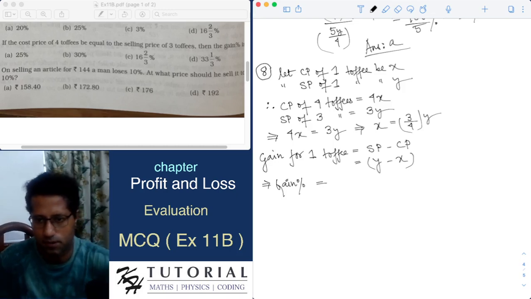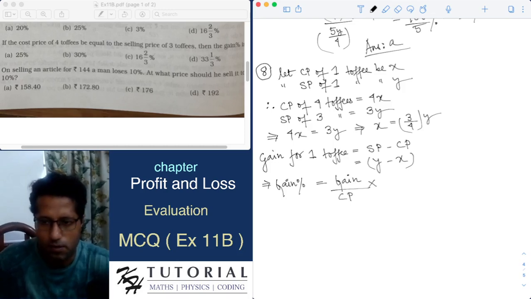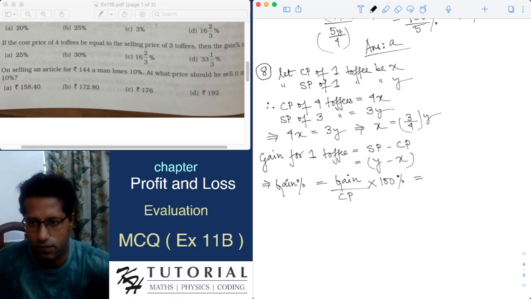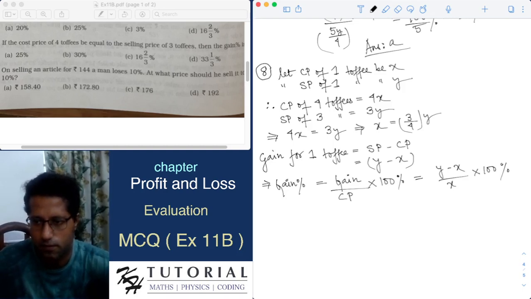Okay, so gain percent per toffee is gain of 1 toffee divided by cost price of 1 toffee multiplied by 100%. Now gain for 1 toffee is y minus x, and cost price of 1 toffee is x, into 100%.